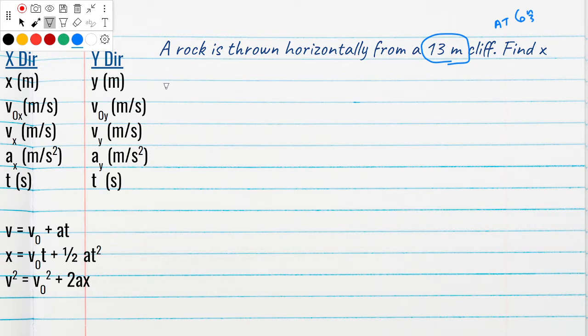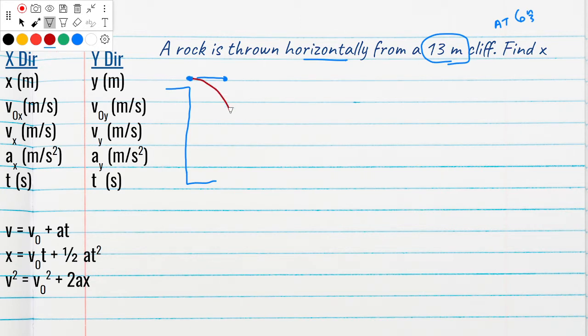So let me draw a little picture. Pictures are invaluable here because it kind of flips it over into the other part of our brain that sees things, that makes it real. So if you just come in here and draw a little picture and say, well, I've got a rock at the top of this cliff, and I'm going to throw it horizontally. So I'm picturing this rock that's moving this way, and I know that gravity is going to speed that thing up as it falls.